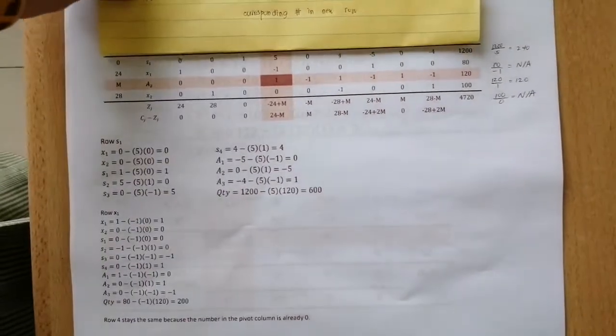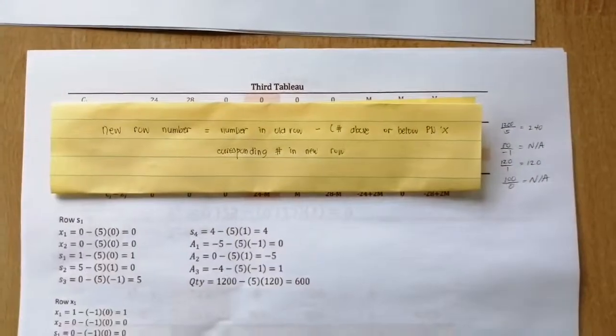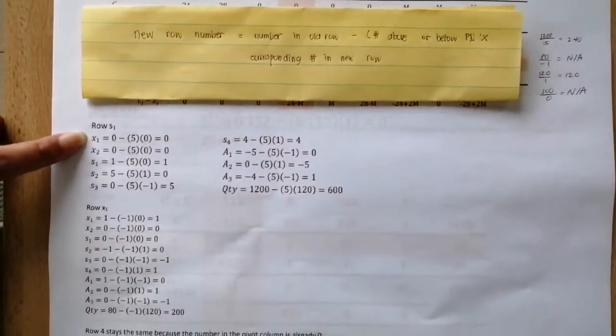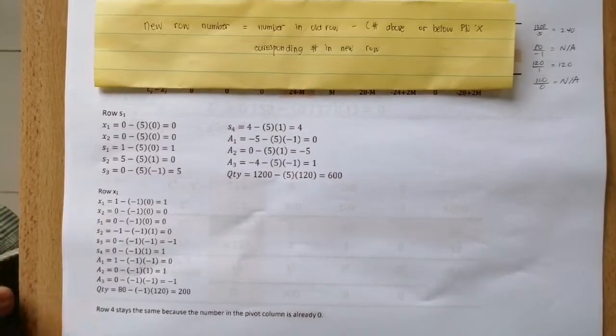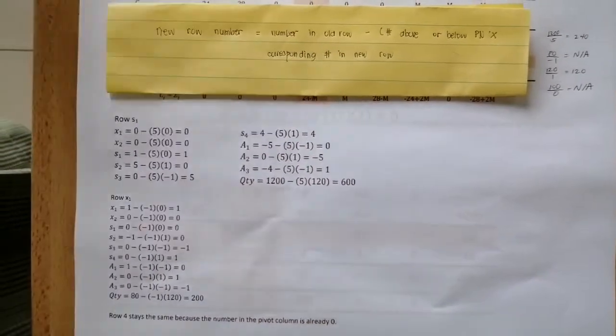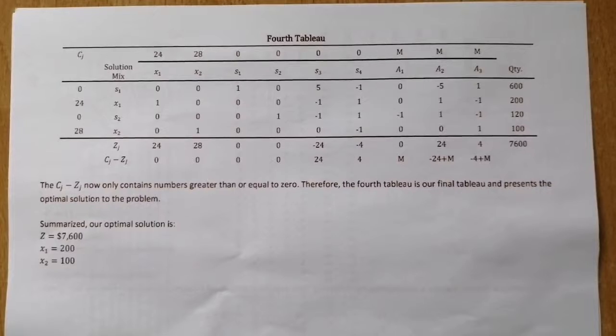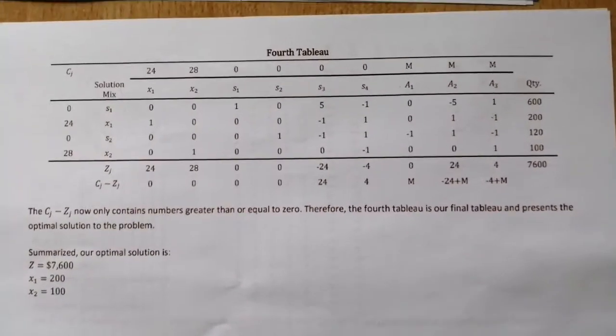We use this formula. And as you can see, we already plotted and answered the new row numbers, which will give us our fourth tableau.